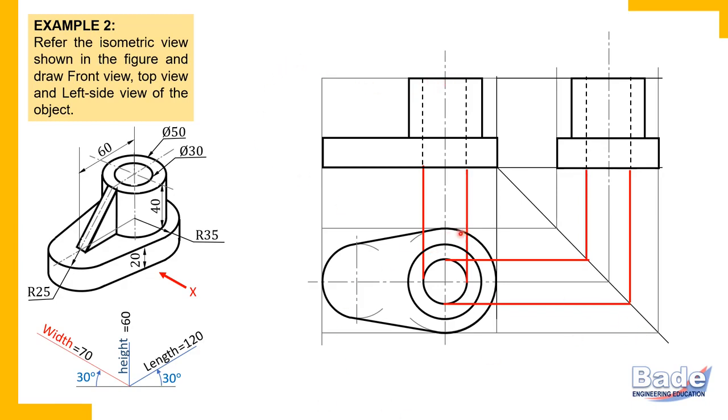When a hidden edge coincides with a visible edge, we show the hidden edge. So here there is an edge of the hole also, which coincides with the edge of the cylinder. It is there. So if I ask you where the hole is in the front view, you show me this rectangle.